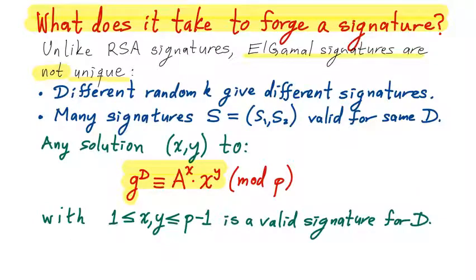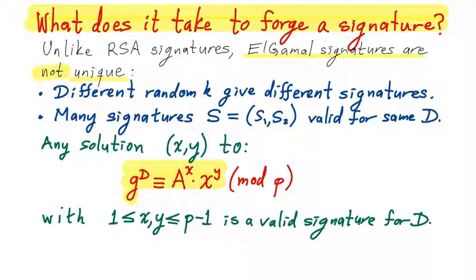So now we get to an important question. You may think that maybe forging ElGamal signatures is easy or relatively easy, because after all, a document has many possible valid signatures because of that random exponent k, correct?